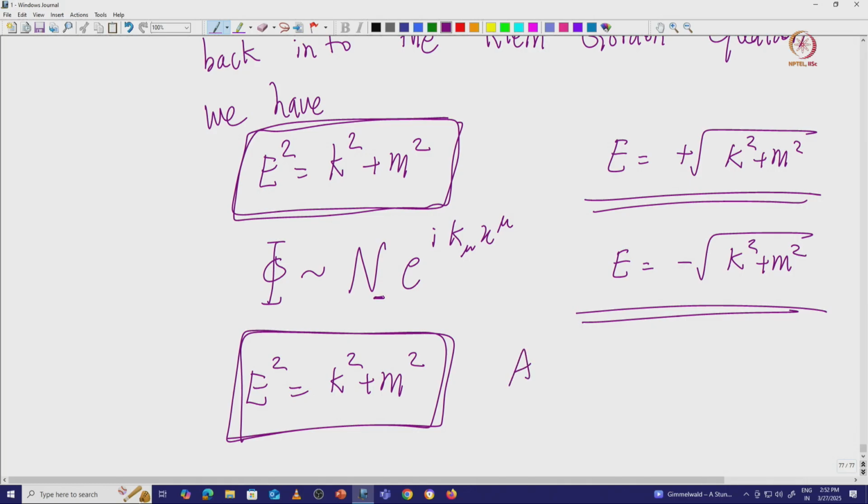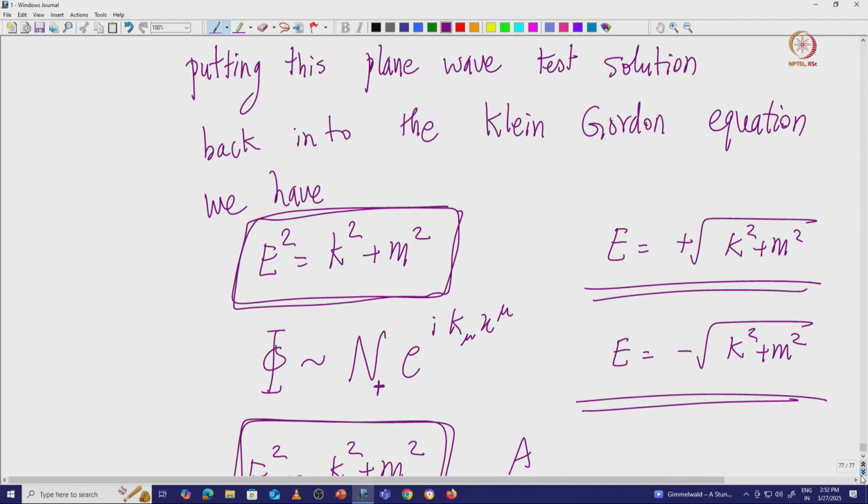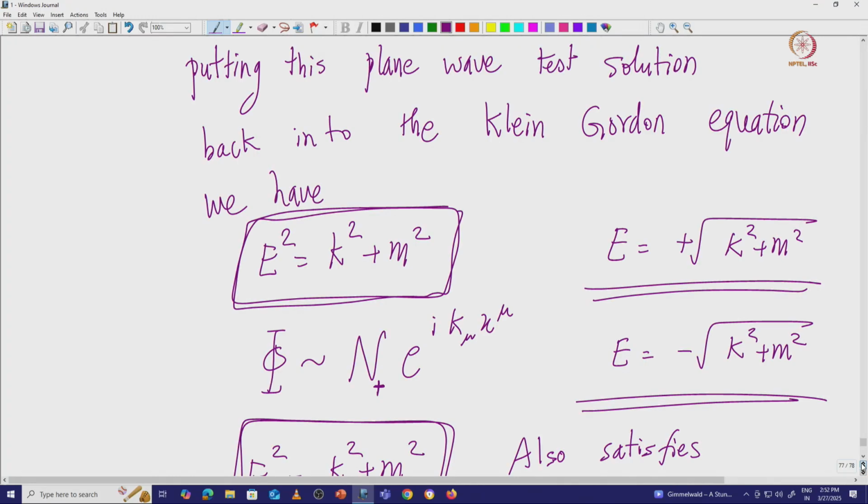Let me put it with the plus sign here, and the minus sign for the normalization. So, this also satisfies the Klein-Gordon equation.